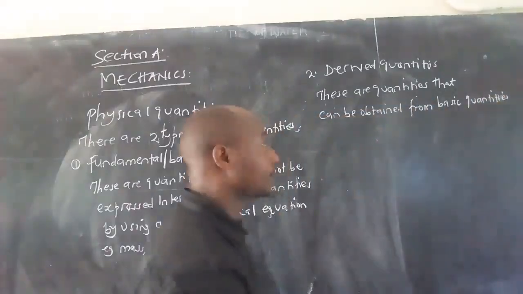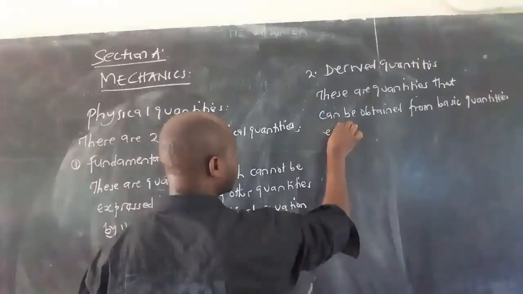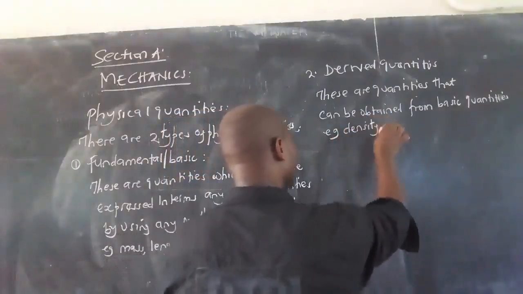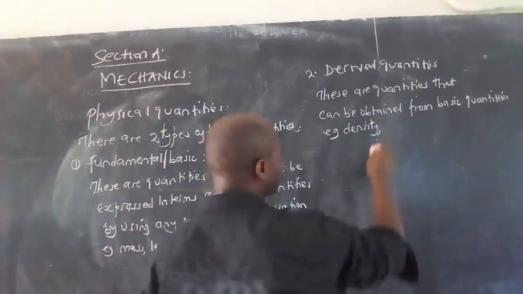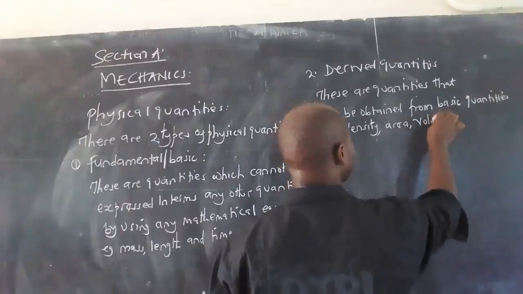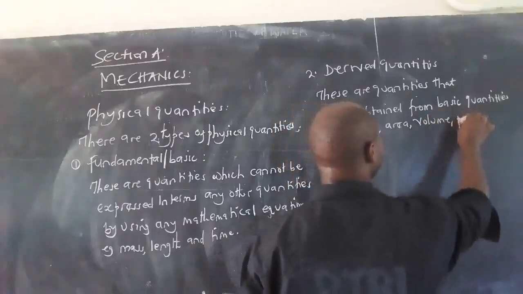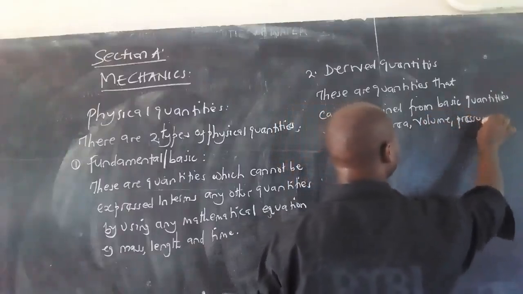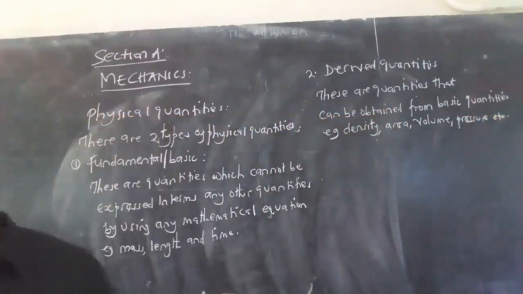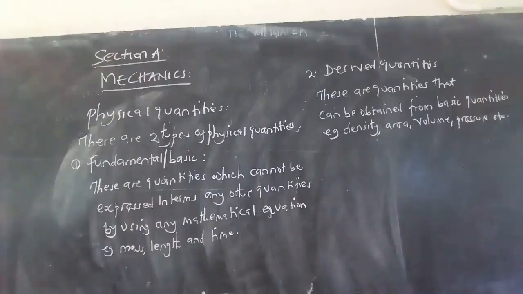E.g. density, that's one. Now area, volume, pressure, etc. Then we shall go ahead and look at what they call dimensions of a physical quantity.